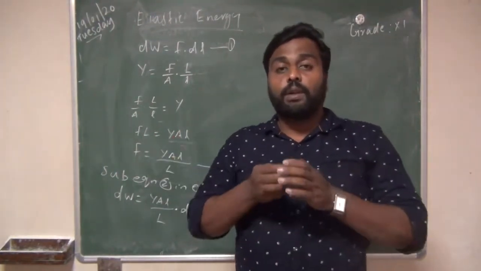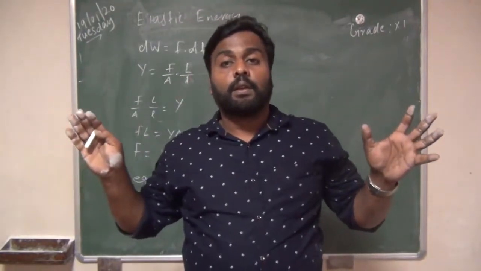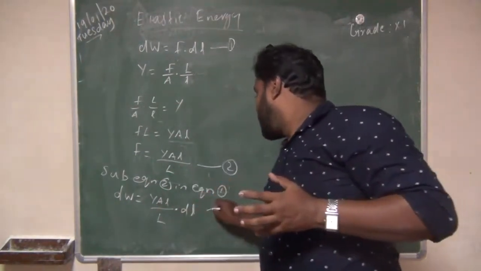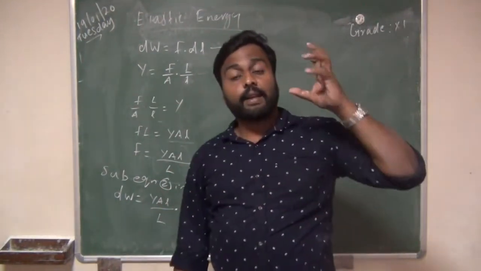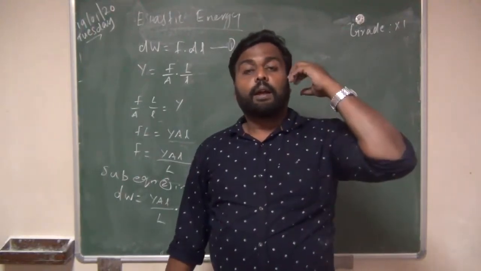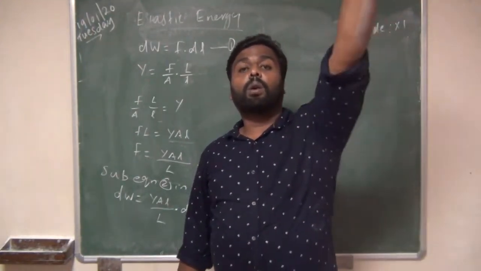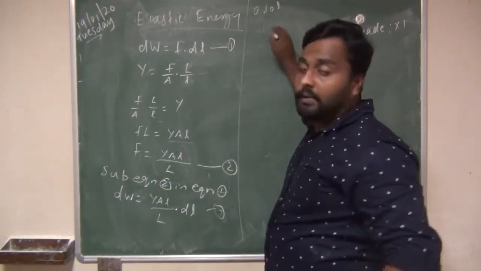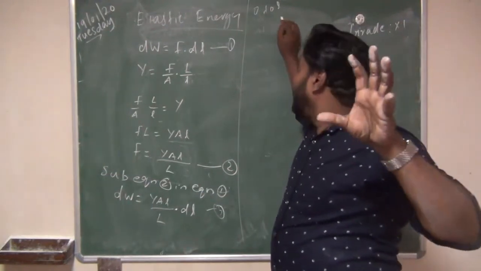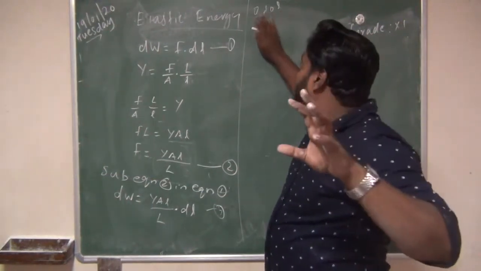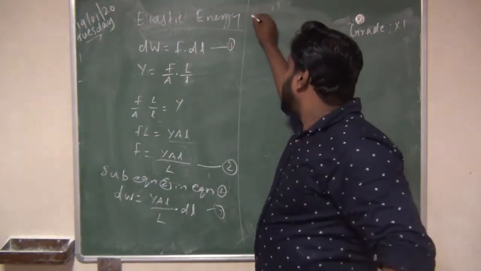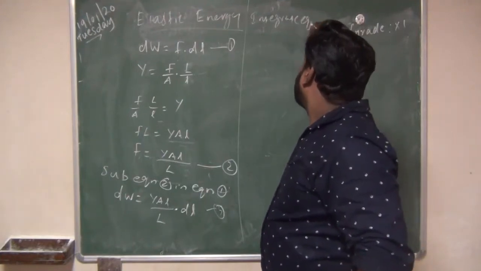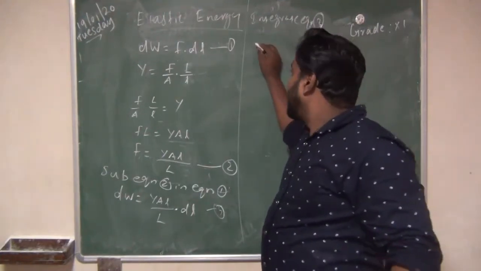Now we have to find out the total elongation. For that, we have to integrate this equation. You have to take this equation 3, integrate equation 3, and we have to give the limit from 0 to the whole length L. So from 0 to L length of this wire, we have to find out the work done. So integrate equation 3. So what we will get?